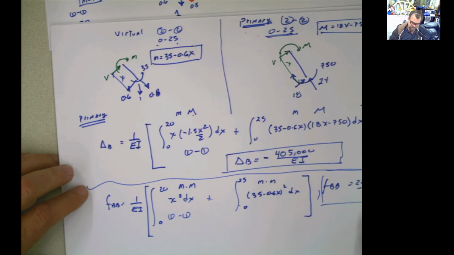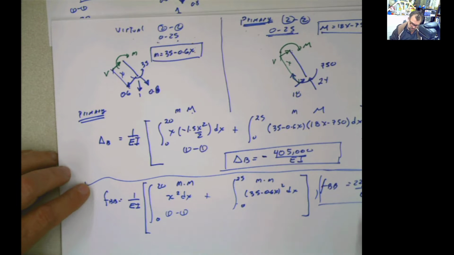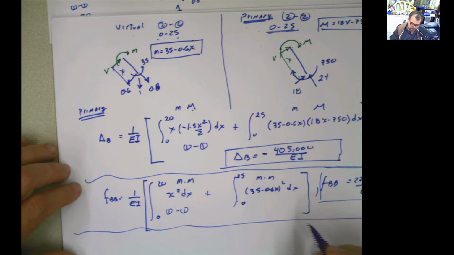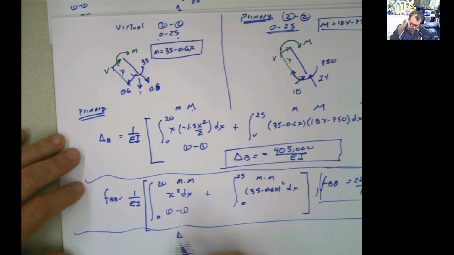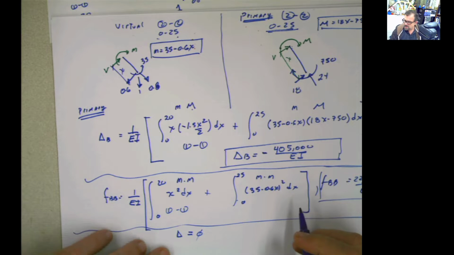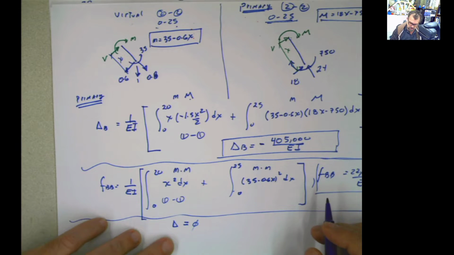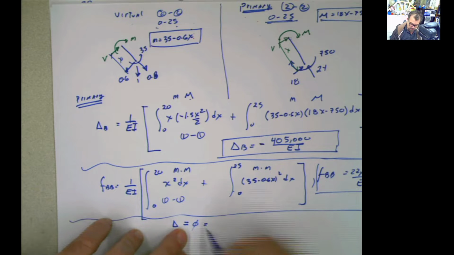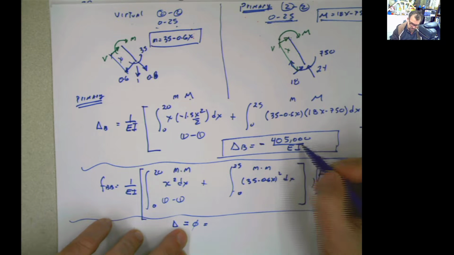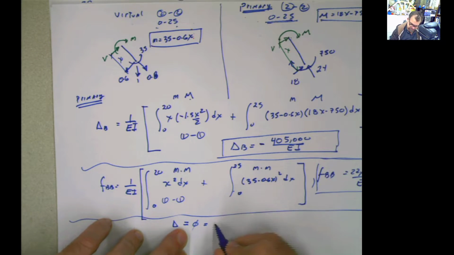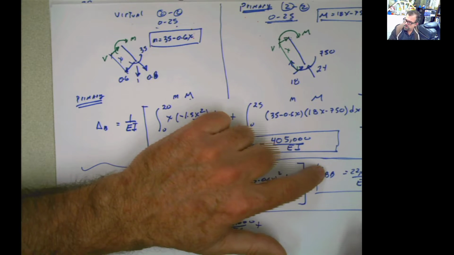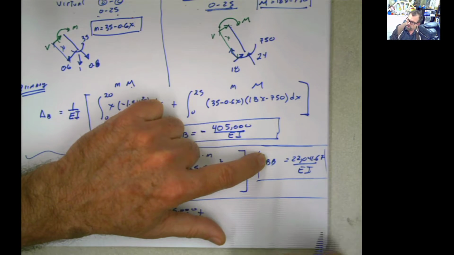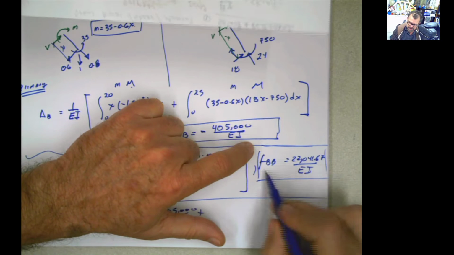Now, in the method of consistent deformations, which is the method that we are using, we know that the total deformation at that point is 0. Why? It has to be 0 because it's a roller at that point. So when I combine this deformation, which is negative 405,000 over EI, plus, if I push this up with a load of 1, I get this.